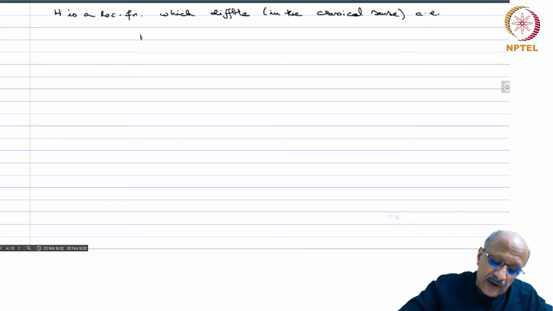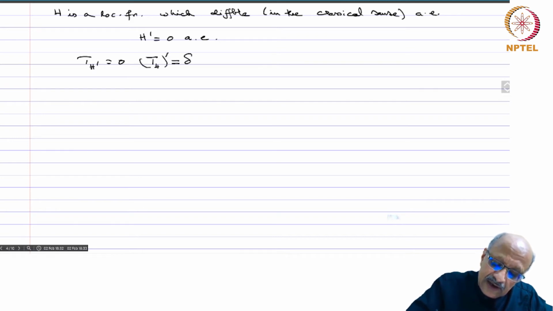In fact, H dash is equal to 0 almost everywhere, except at the origin, so it is a constant function. So T of H dash is 0, but TH dash equals delta.